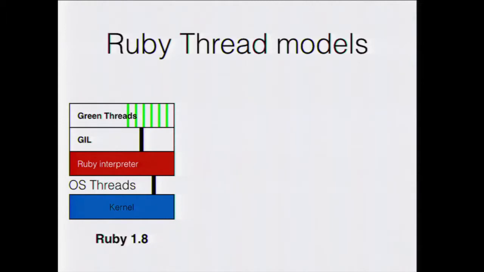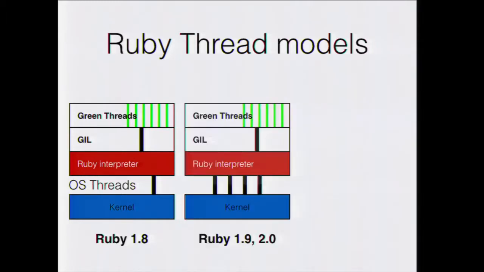And threads, as implemented by the Ruby runtime, was just one single thread on the OS side. In Ruby 1.9 and 2.0 and 2.1.2, things improved slightly in that Ruby interpreters can now use more than one OS thread, but there is a global interpreter lock that prevents those threads from running concurrently.